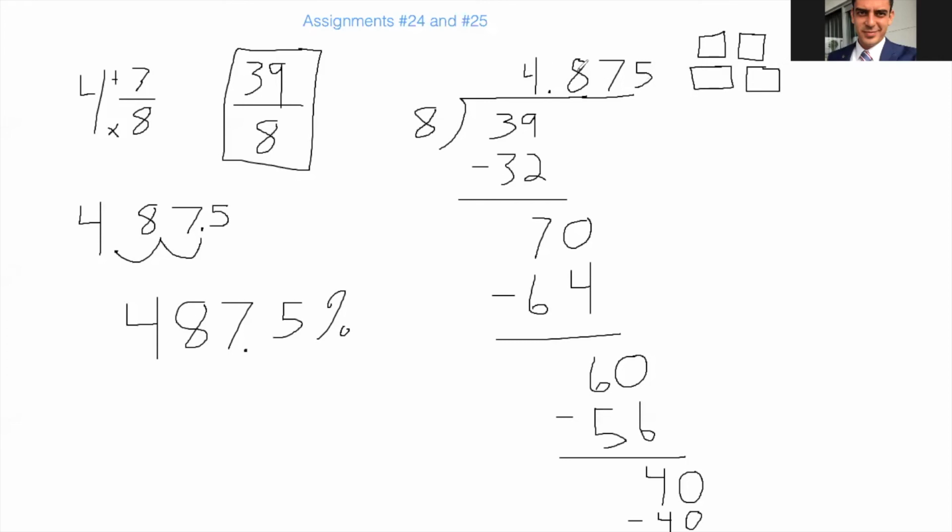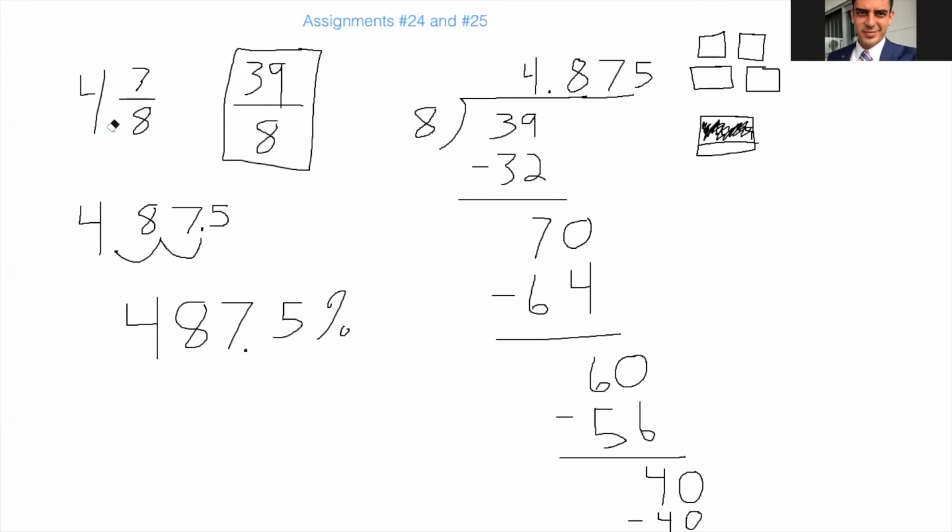There's going to be 0.875 of a candy bar. So out of that whole candy bar, you would break off a piece like that size, and you would have this section right here. So almost all of it, because it's 0.875, but that's it. So 487.5%.